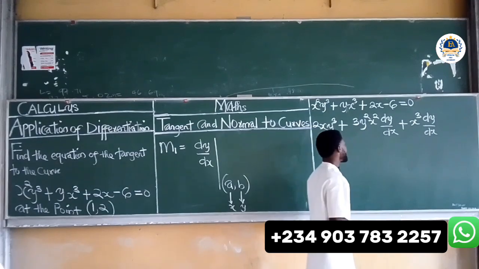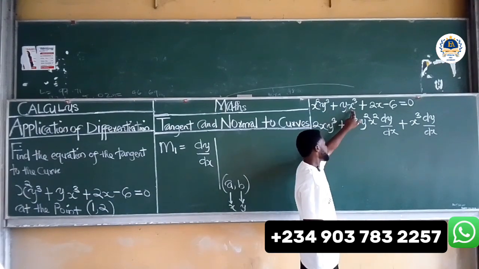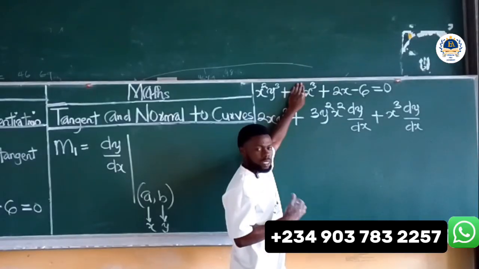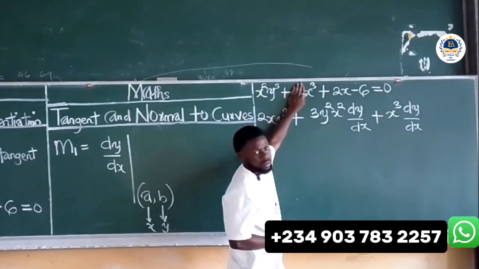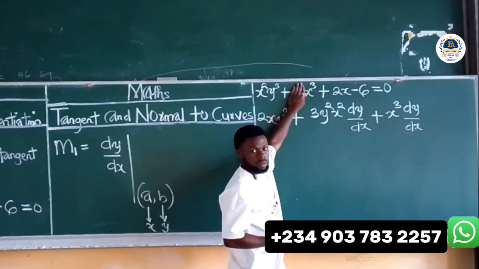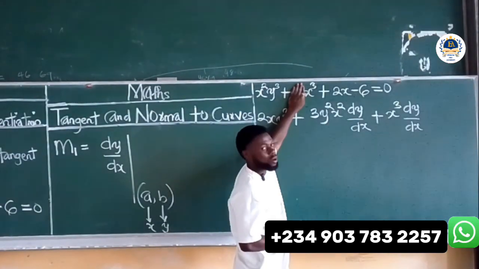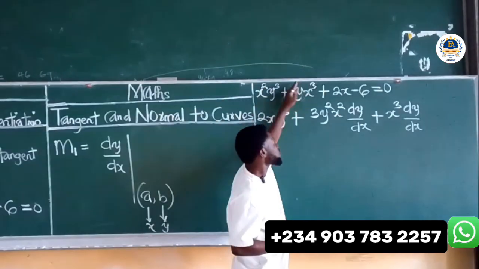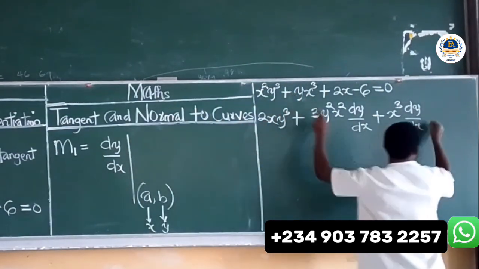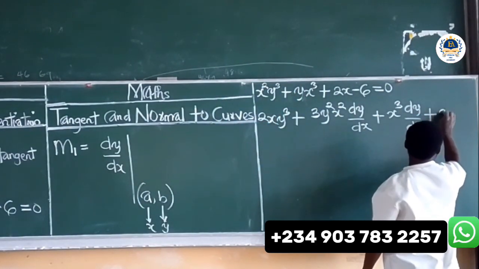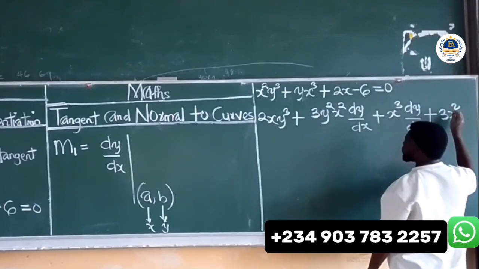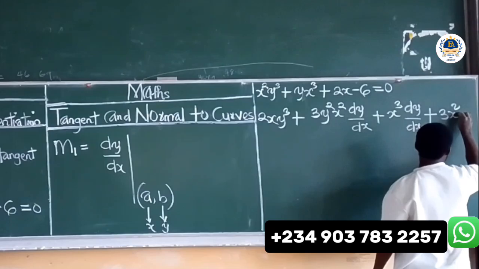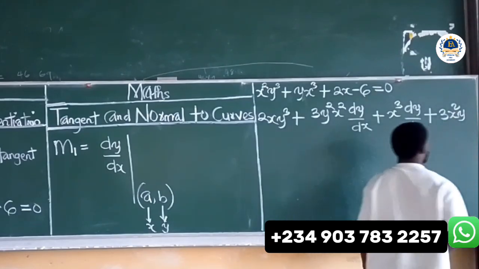So now let's differentiate for x. If I'm differentiating for x, I'm going to cover the y. What is left is x raised to the power of 3. The derivative of x raised to the power of 3 gives 3x raised to the power of 2, and multiplying by y gives 3x squared y.